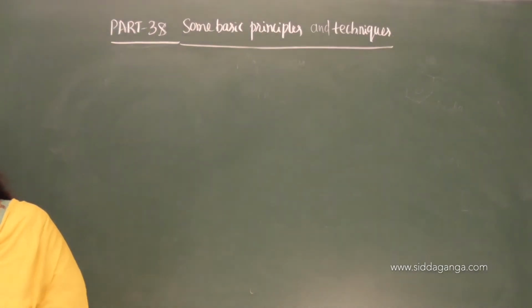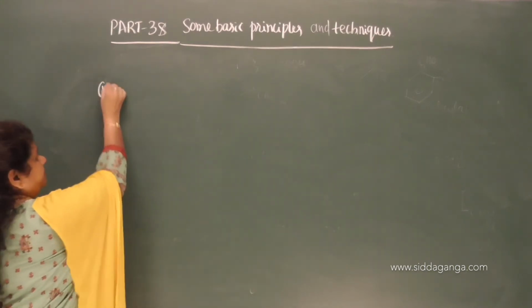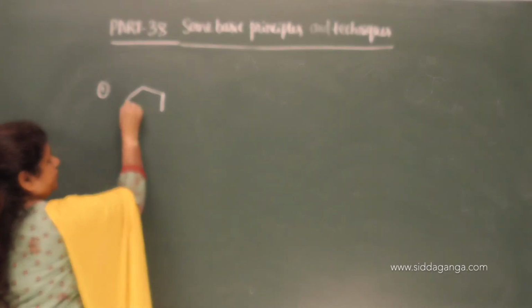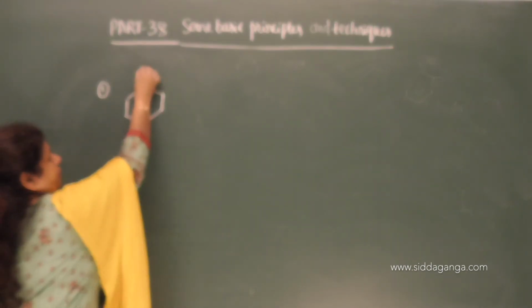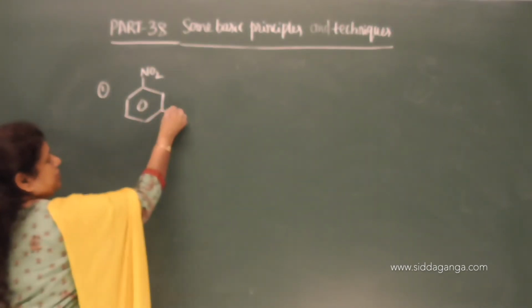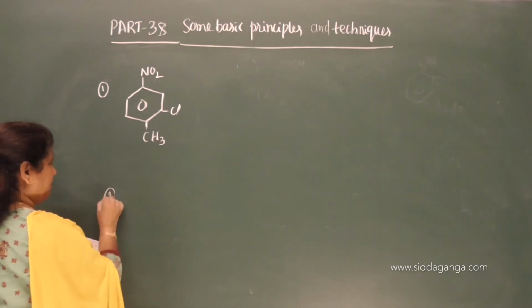So take down the examples for polyfunctional compounds. First one: NO2, Cl, CH3.